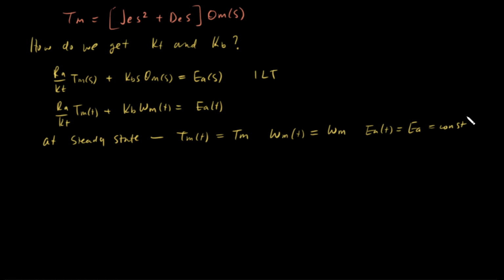Okay, so at steady state, we just write that the voltage is equal to RA over KT times Tm plus KB times omega m.